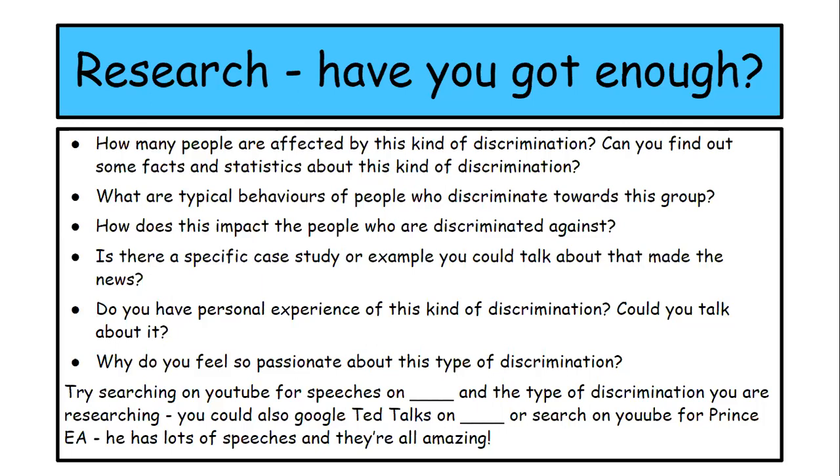So that research is really important to make sure that you can write in detail. So make sure that you have done all of those bullet points, and if you haven't, then maybe make a note that you want to do that at the end of this lesson before you start planning, or pause this video now and just catch up on that research, any bits that you've missed, go back and get the information you need, and then press play again.